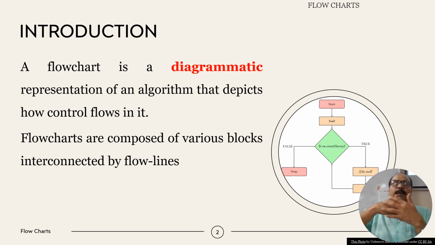What is the third step? And so on. Like we have graphical representations for mathematical equations, y is equal to mx plus c is a very famous equation for a straight line. Am I right? Similarly, we have a graph for that. Similarly, we have a diagrammatic representation for an algorithm, which we call a flowchart.